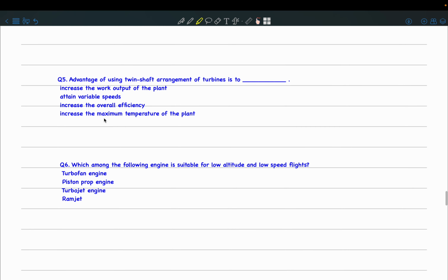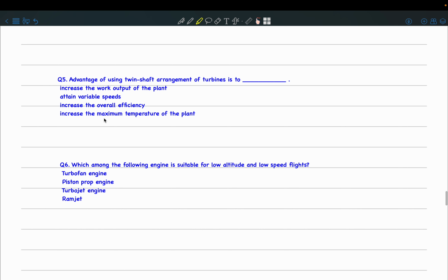Okay, then advantage of using twin shaft arrangement of turbines is to, so why do we use twin shaft arrangement of turbines? Where do we use this twin shaft arrangement? Yeah, for example, in a turboprop or a turbo shaft.